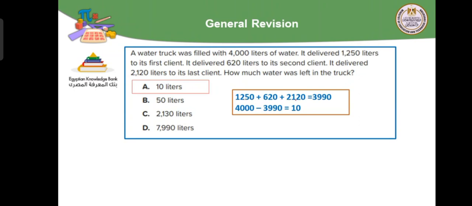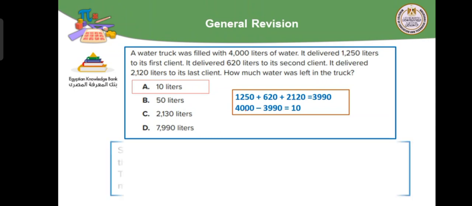The result will be 3,990. But the total is 4,000. 4,000 minus 3,990, it will be 10. With mental math, it will be 10, because if I add 10 to 3,990, I get what? 4,000.